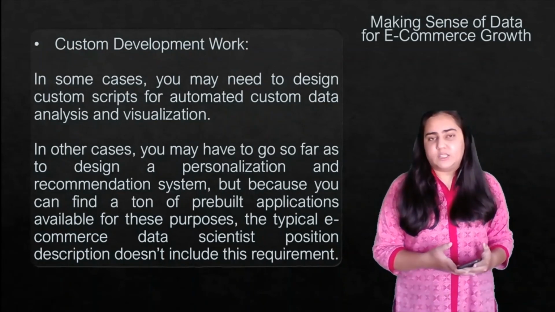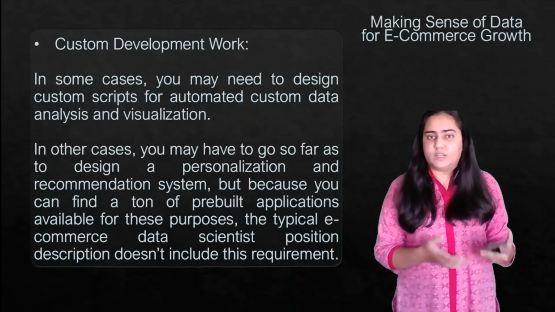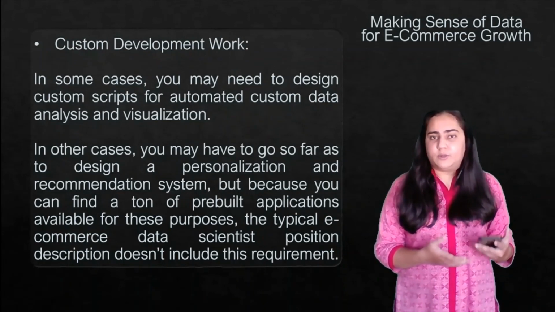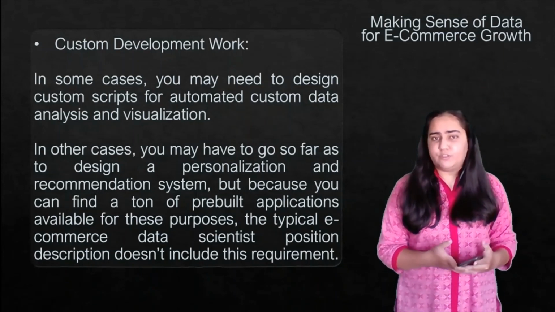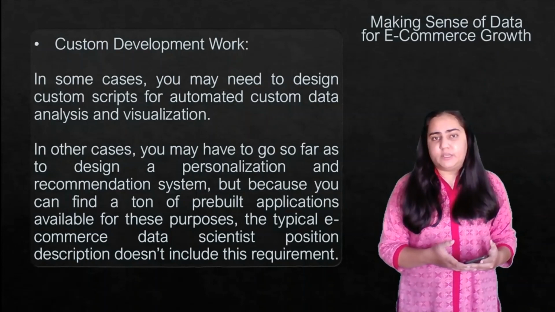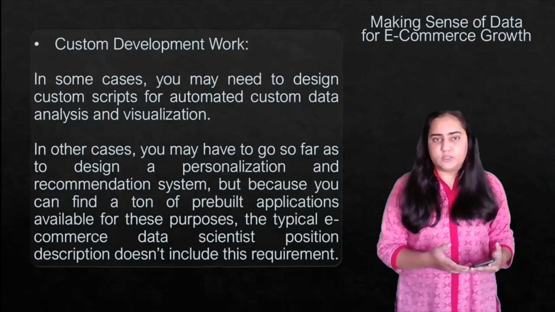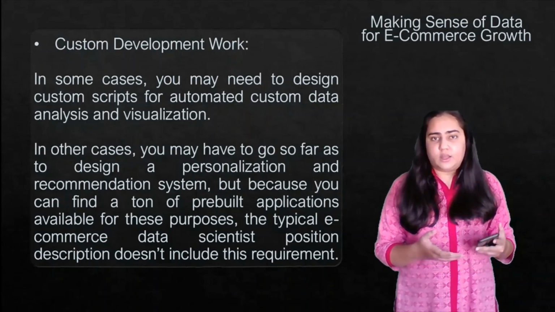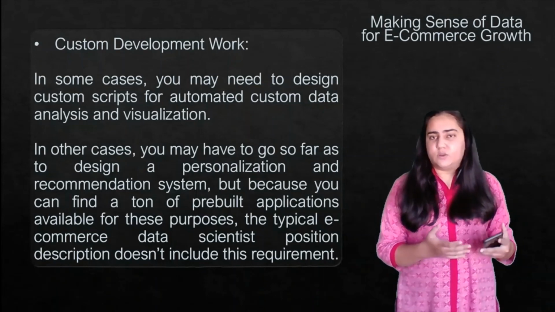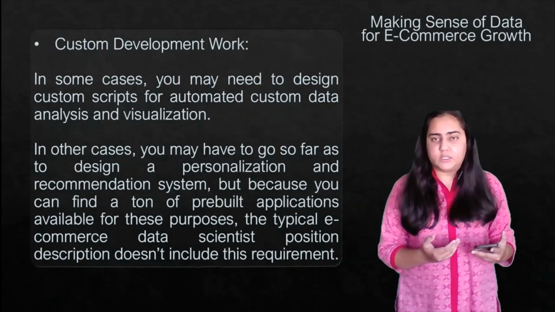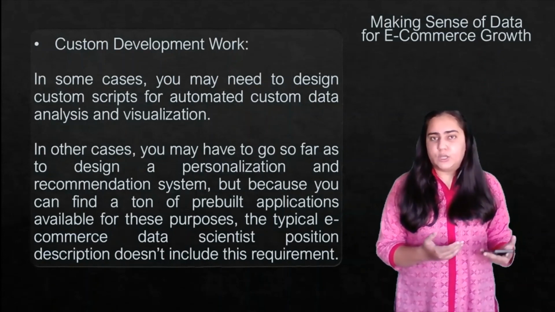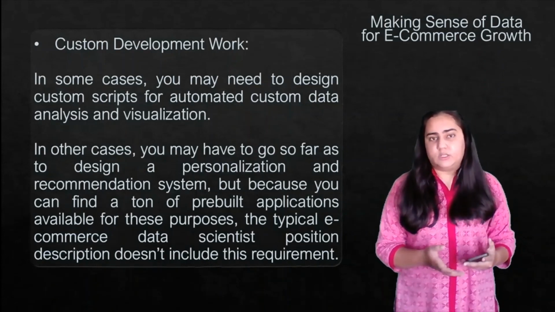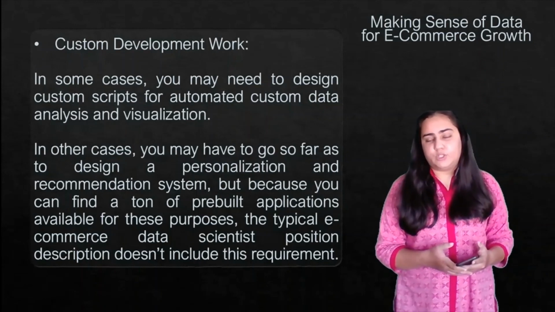And sometimes data scientists are asked to develop such custom personalization and recommendation systems. You can, however, find a lot of pre-built applications available for these purposes, and sometimes it's only in very rare cases that the people owning the e-commerce business might ask you to develop certain designs which are custom to the e-commerce business.